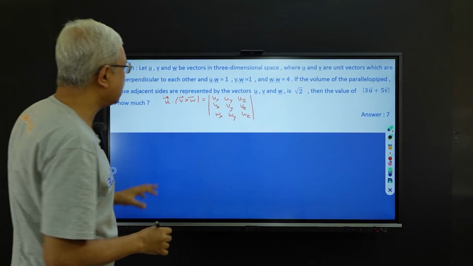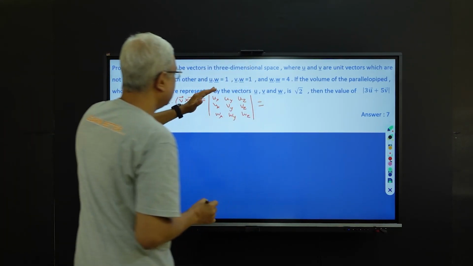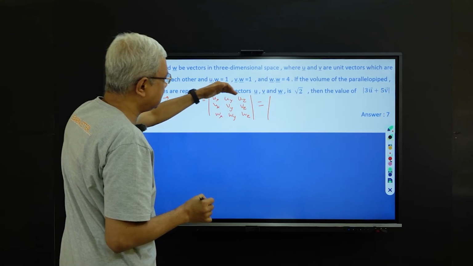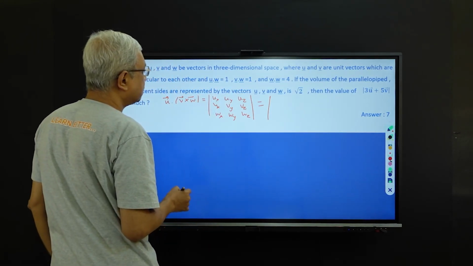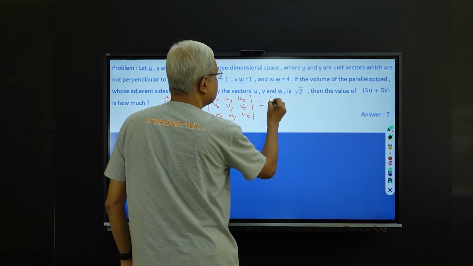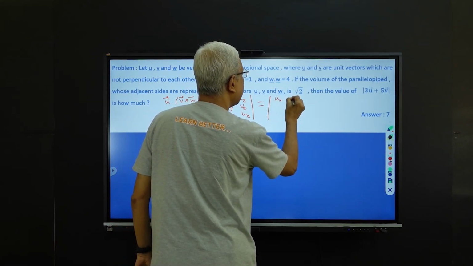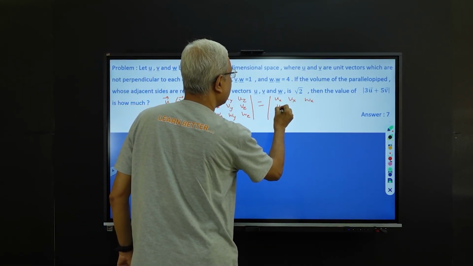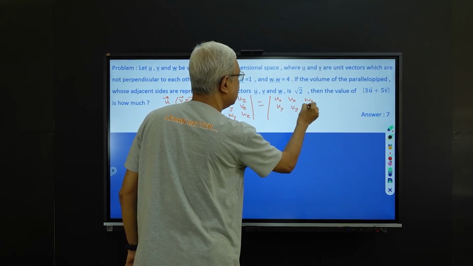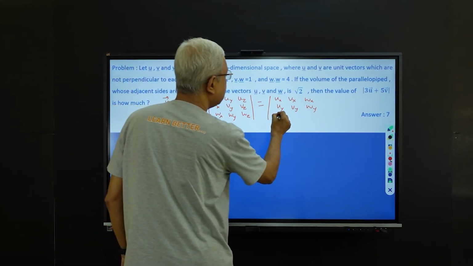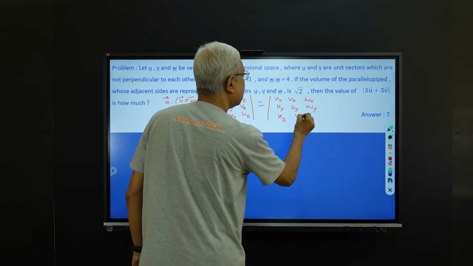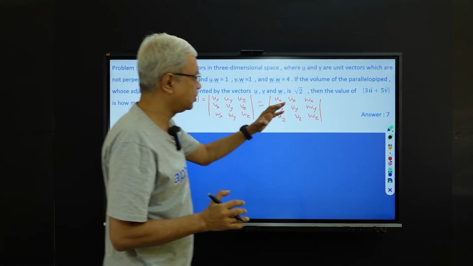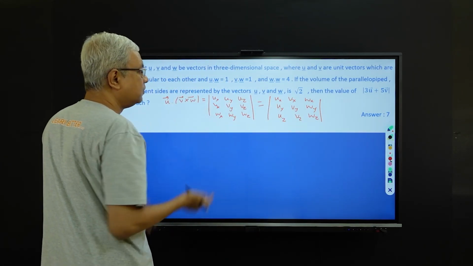Now I can write this as, if I just interchange the rows by the corresponding columns, the determinant Ux, Vx, Wx; Uy, Vy, Wy; Uz, Vz, Wz, because we have just learned that the transpose of a determinant is equal to the determinant itself.